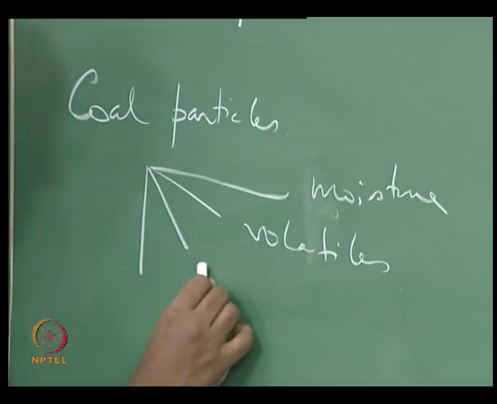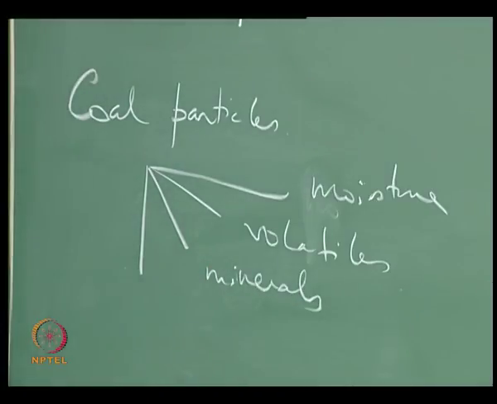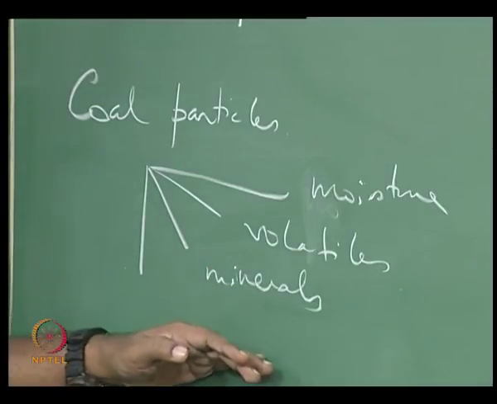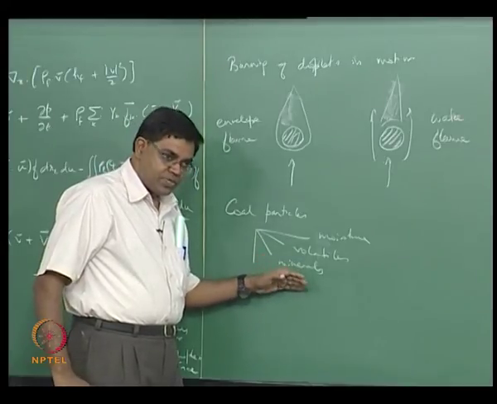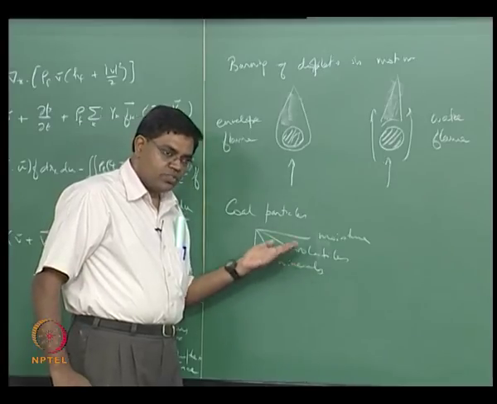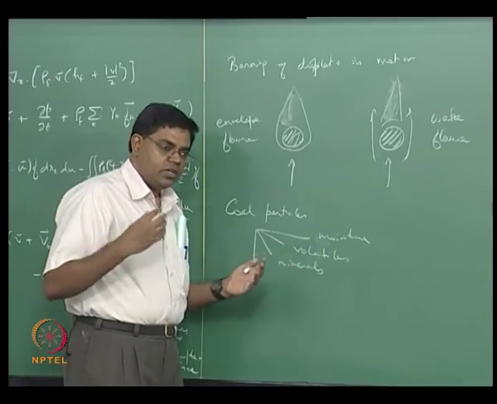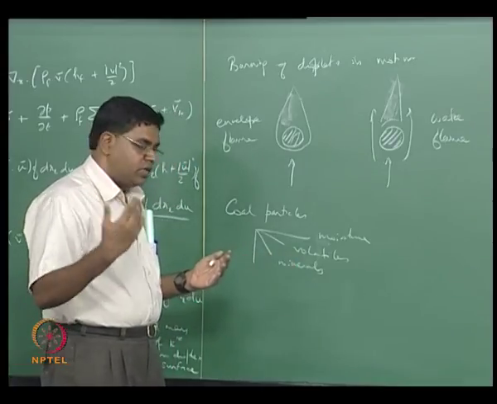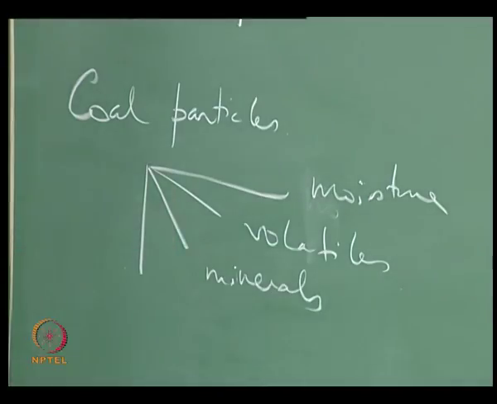Then you have the minerals, which are bad because they are not going to aid the combustion, but they are going to bring in ash and what's called slag. So this ash could in the combustion zone become like a molten region, and then as molten liquid droplets, they could get splashed against the combustor walls and so on.